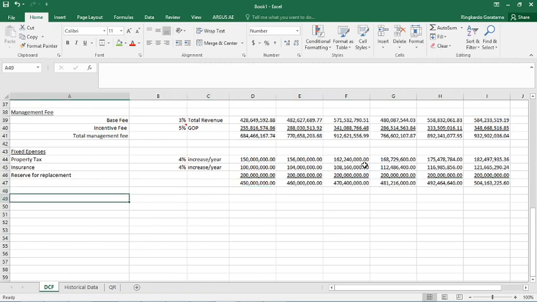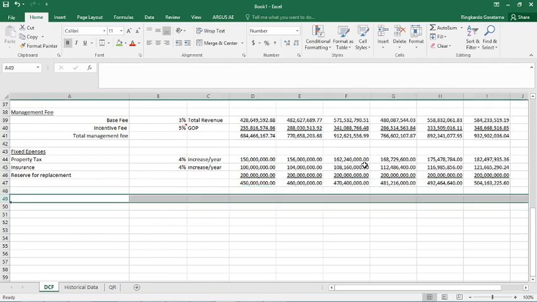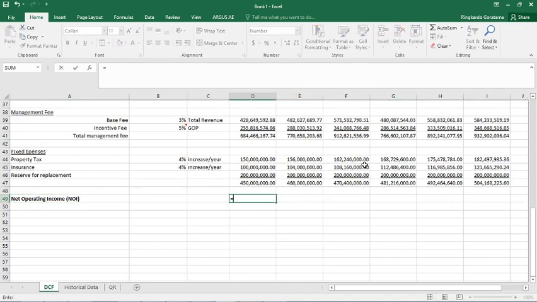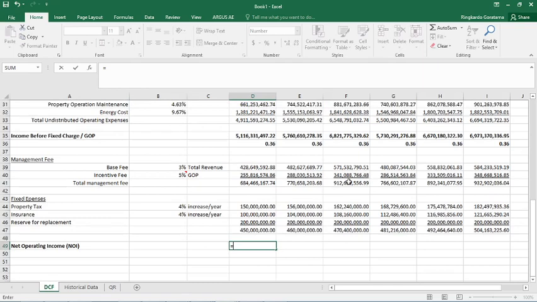So we can calculate the net operating income, or the NOI. For this one is the income before fixed charge minus the management fee and expense. So this will be the NOI.